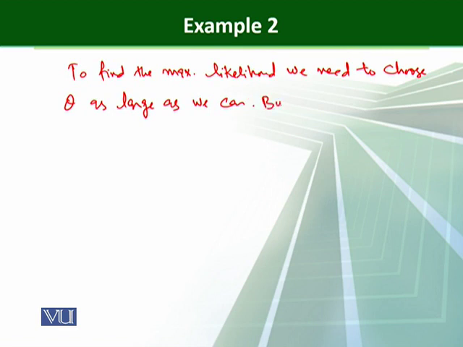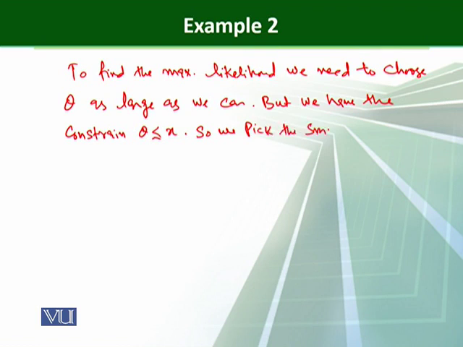But we also keep in mind that we have a constraint, that is theta is less than or equal to x. Actually that is the range of x. So which means that theta is less than or equal to x. So we pick the smallest x, because for theta we will select the smallest value of x. So that is x of 1.